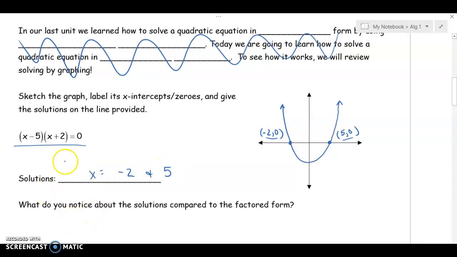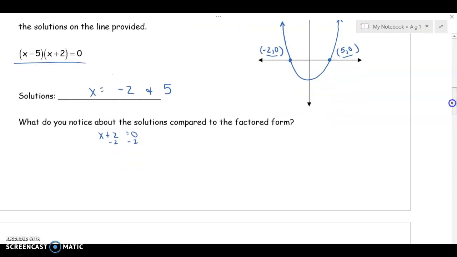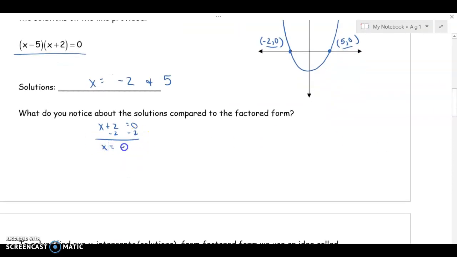The relationship between these is, if you were to set x plus 2 equal to 0 and solve it, you subtract 2 from both sides and end up with x equals negative 2. And if you set x minus 5 equal to 0 and solve for x, you add 5 and get x equals 5. So when you set each of those pieces equal to 0, you're going to get the x-intercepts, or the solutions.